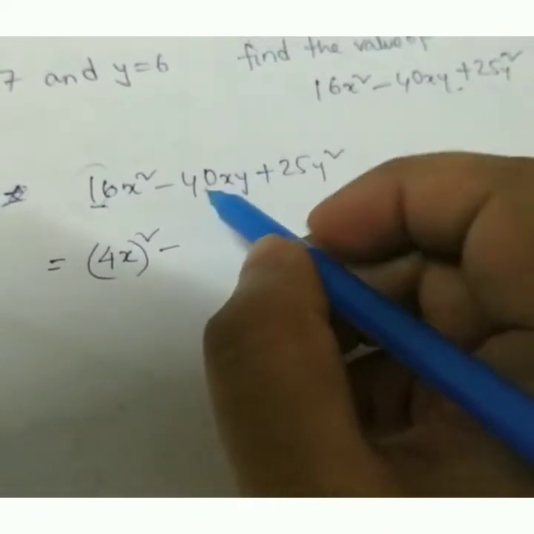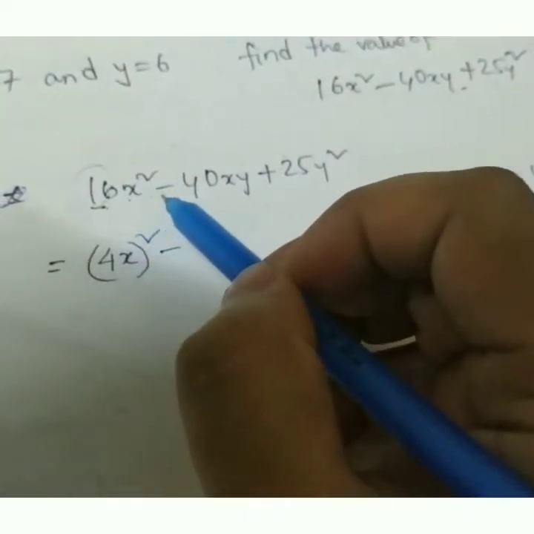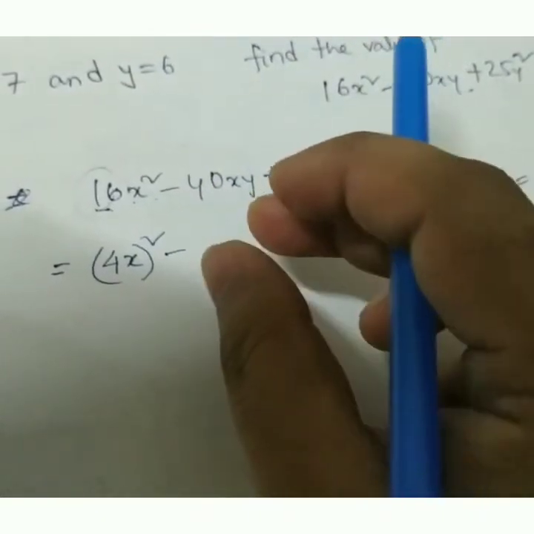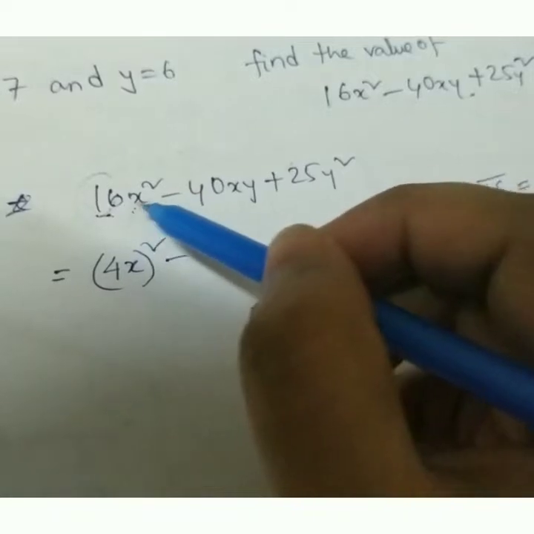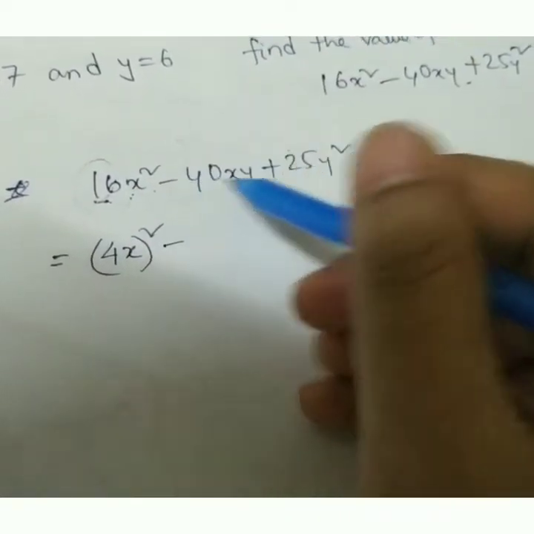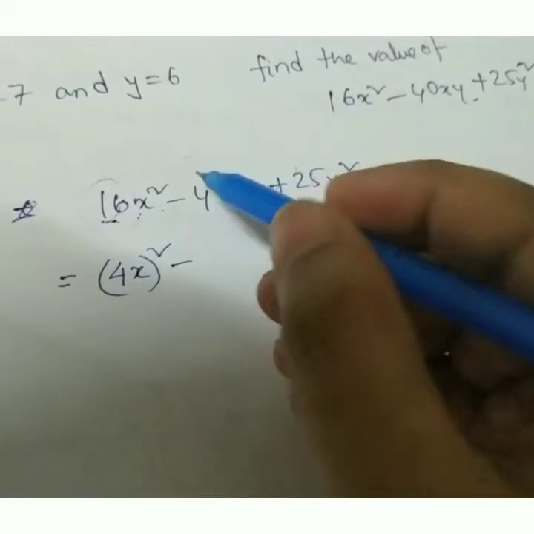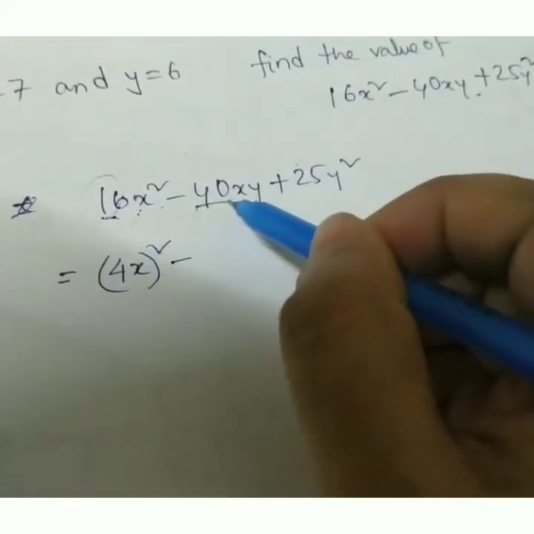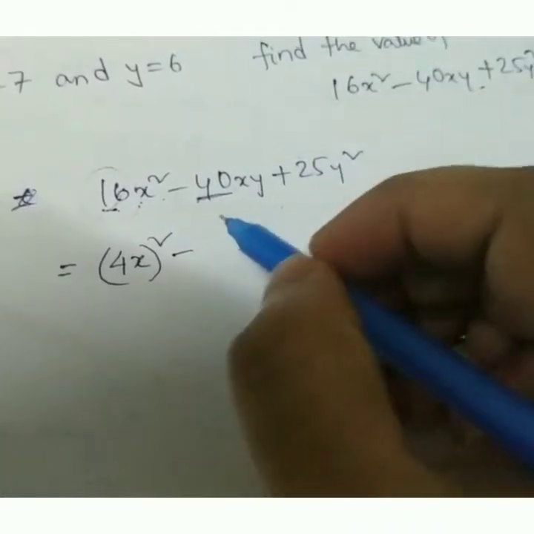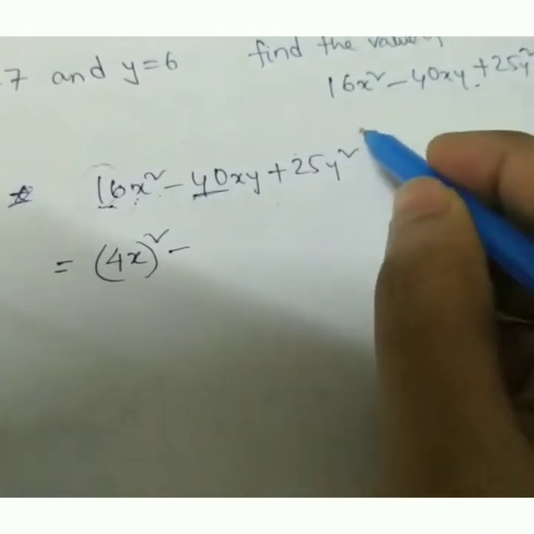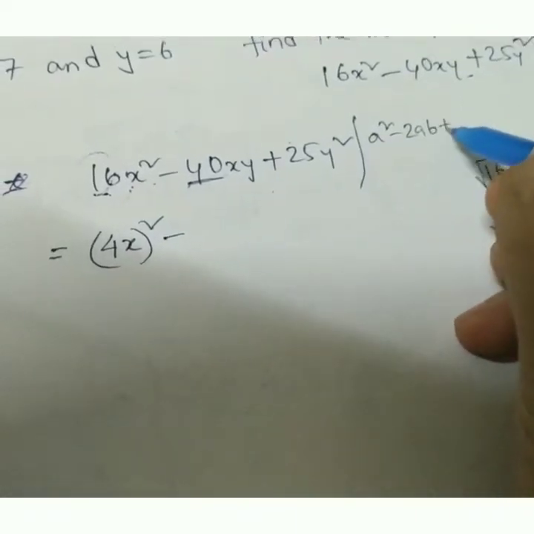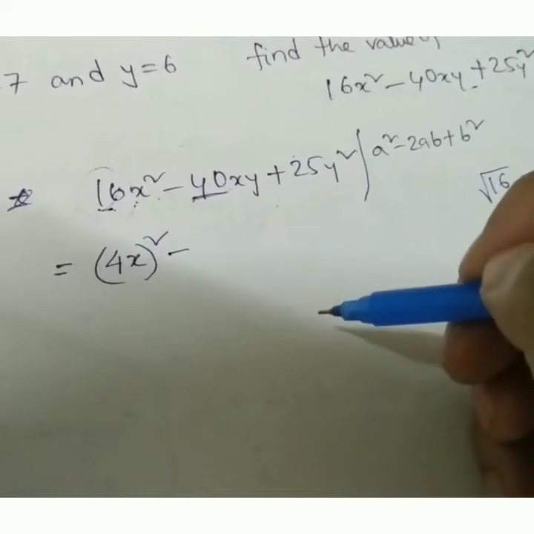minus, you see, if you look closely and think a bit closer, this is actually in the format of a square minus 2ab plus b square, right? Because I have a minus over here, I have a plus over here. But here it's 40, right? So we need to convert it into a 2ab format, because in the formula what do we have? a square minus 2ab plus b square, right?